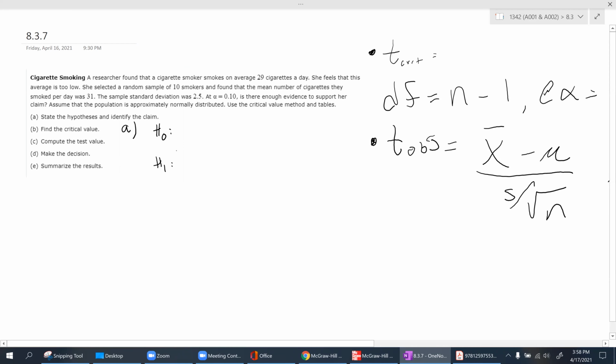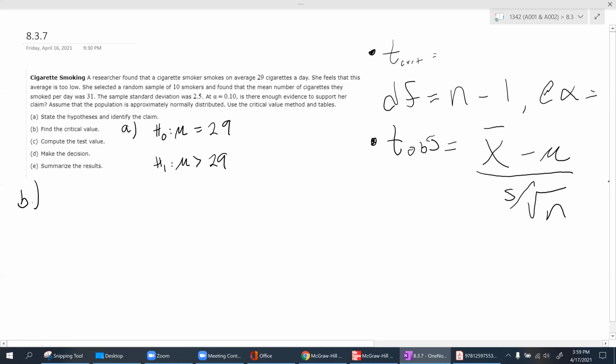She feels that this average is too low. She selected a random sample of smokers, with some deviation. Is there enough evidence to support the claim that the average is too low? If the average is too low, my alternate hypothesis will have to be greater than that. I'm looking for anything greater than that, meaning my null hypothesis would be 29.